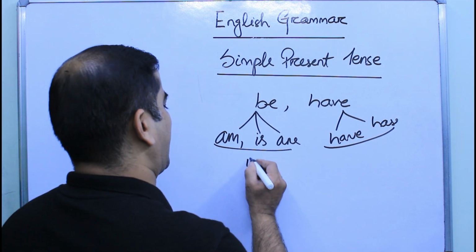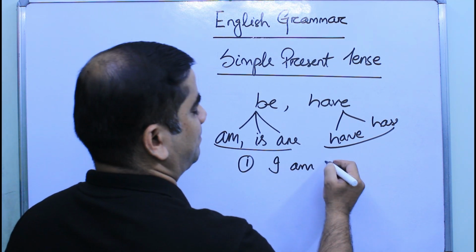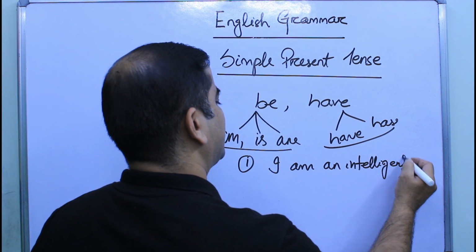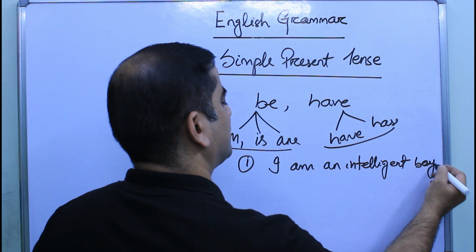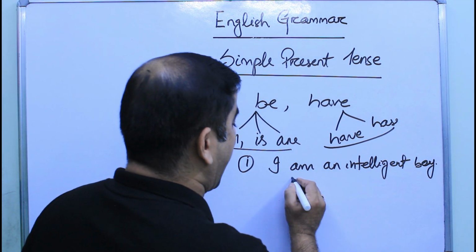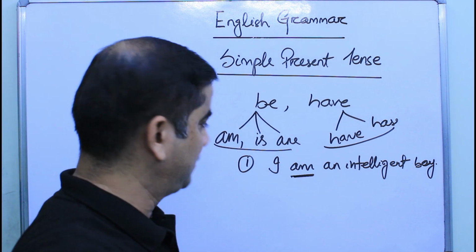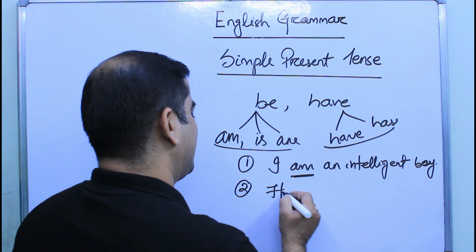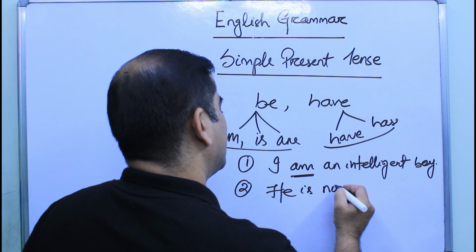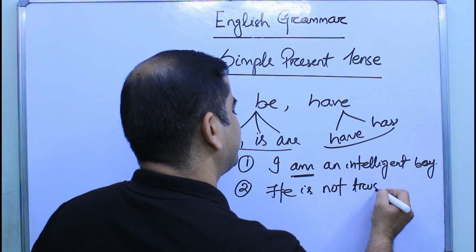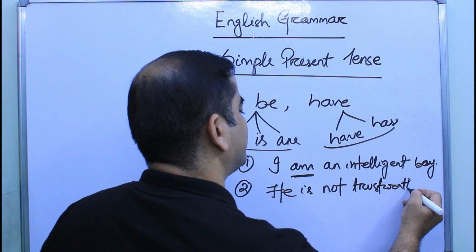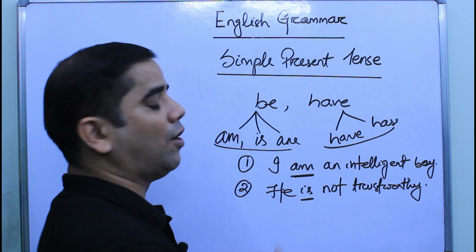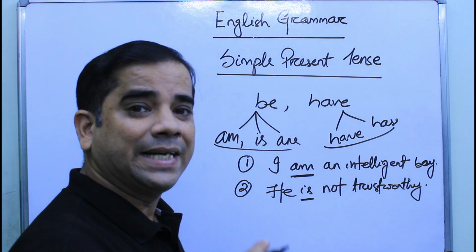For example, if I write I am an intelligent boy. So in this sentence, am is used as an ordinary verb and it is in its simple present tense. If I write he is not trustworthy, in this case also is is used as an ordinary verb and it is in simple present tense.